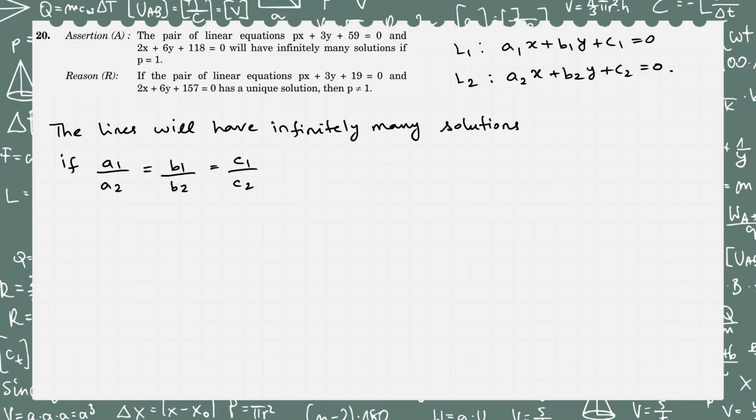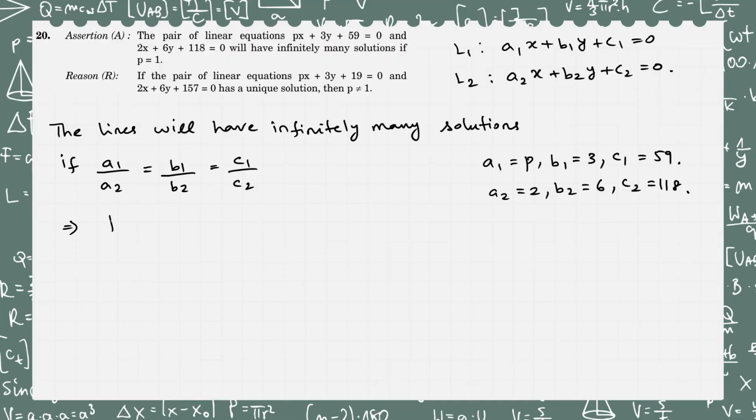Now let us check what our a1, b1, c1, everything is. In the given assertion, we have a1 equal to p, b1 equal to 3 and c1 equal to 59. And in the next line given in the assertion, we have a2 equal to 2, b2 equal to 6 and c2 equal to 118. Okay, now let us put them here.